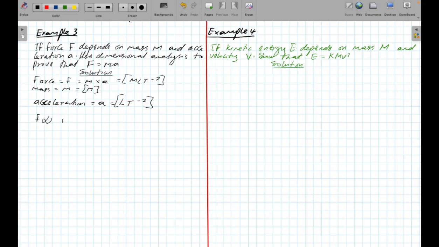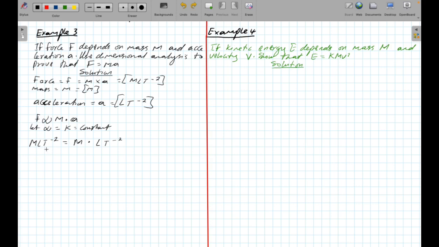Now, given that F is directly proportional to m multiplied by a, we are asked to prove this. Now, let the proportionality sign be equal to k, where k is constant and dimensionless. Now, the dimension of the equation F is given to be m L t raised to the power of minus 2 equals m multiplied by the dimension of acceleration, L t raised to the power of minus 2.